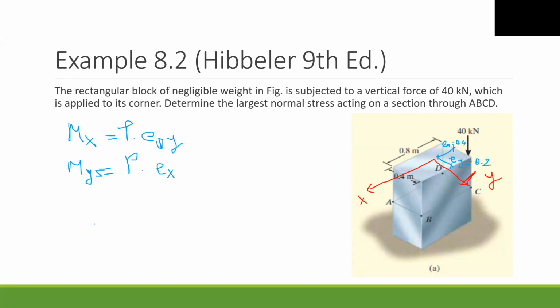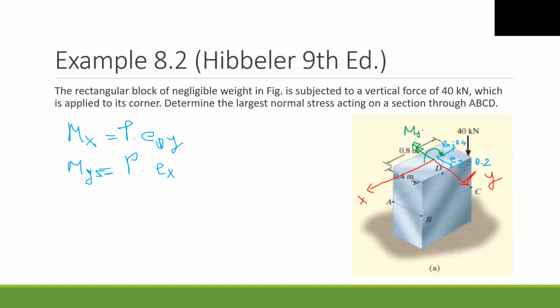For example, using a different color, for the 40 kilonewton force, for the x-axis, make a moment like this, and your thumb is showing in this direction. I am using the two arrows to mean the moment, this is My.